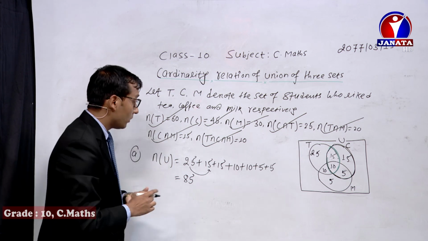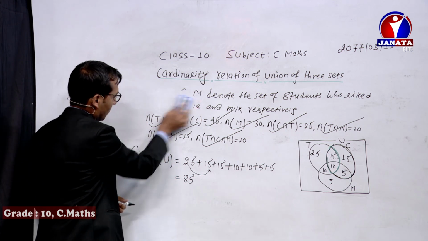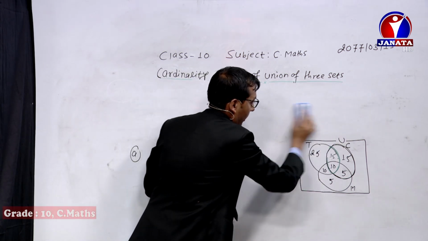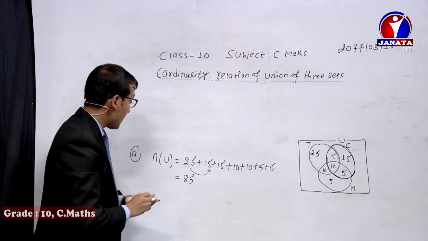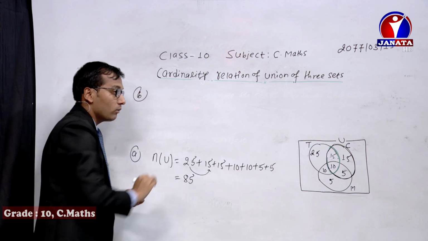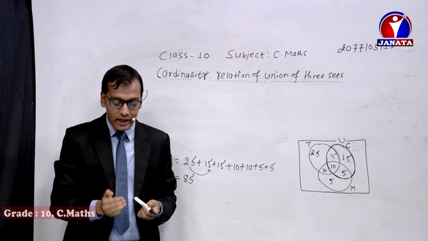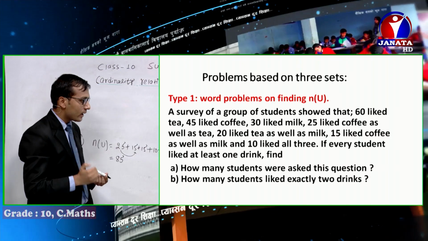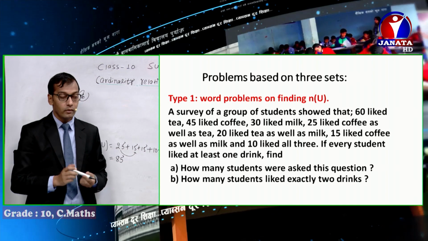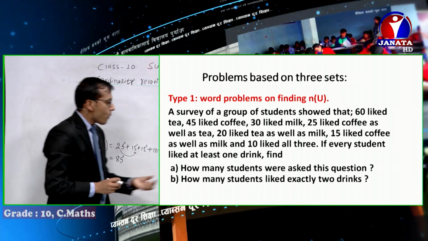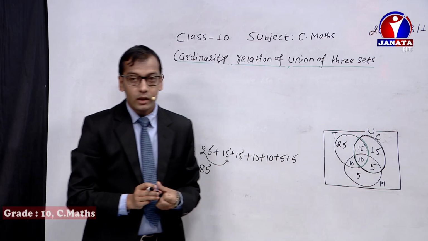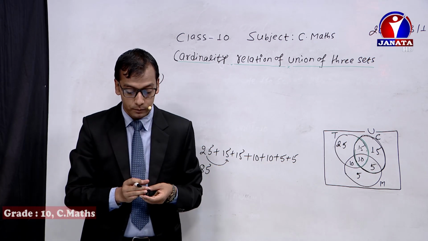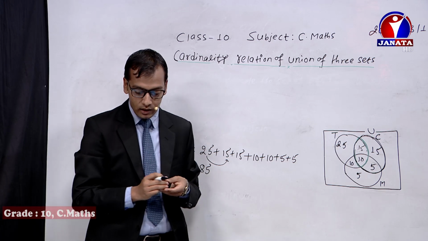Now part B. With the help of the Venn diagram, what is the question? How many students liked exactly 2 drinks? From the Venn diagram, let's identify the different regions where the students liked exactly 2 drinks.